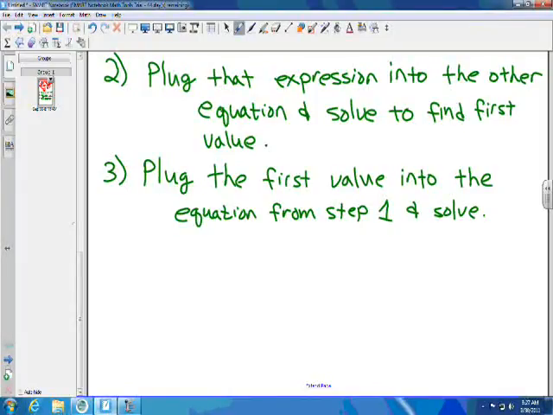So then you plug that first value that you find, again in our first problem it is -7, into the equation you solved in step 1 to get your other value.